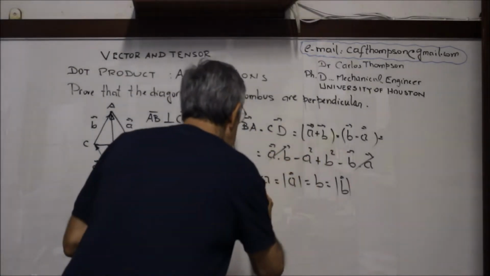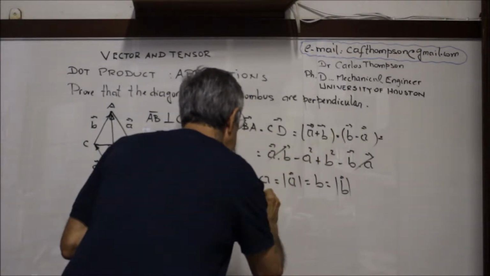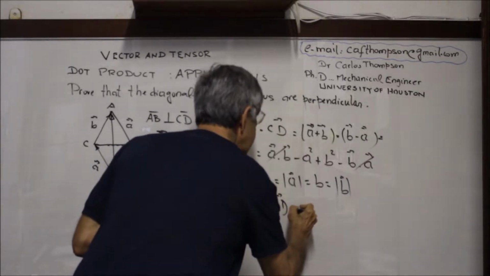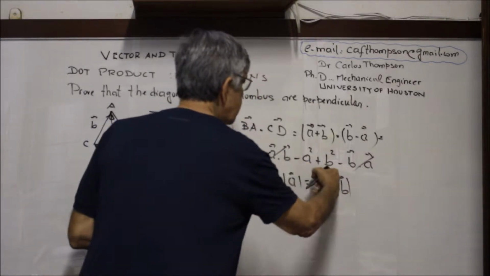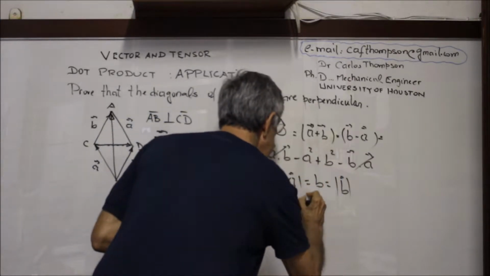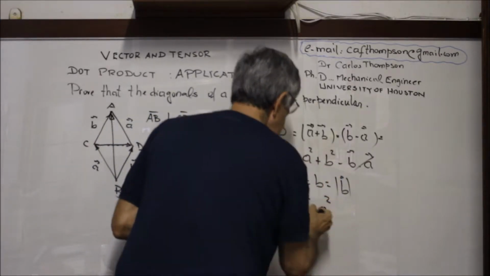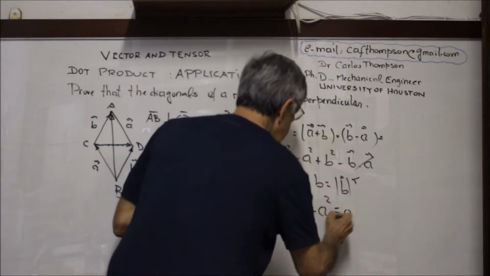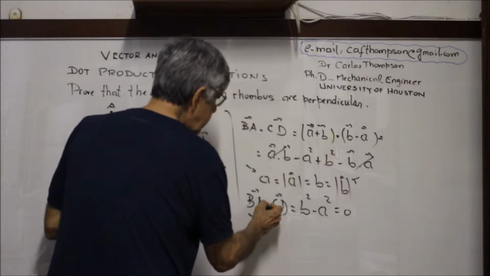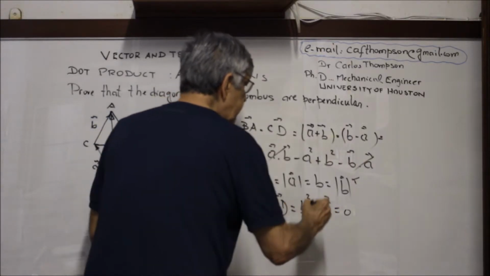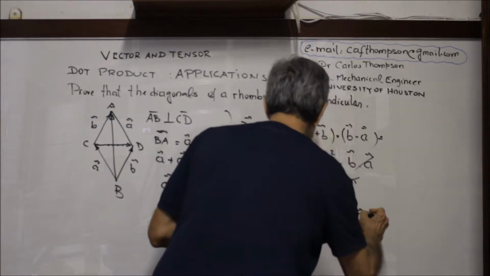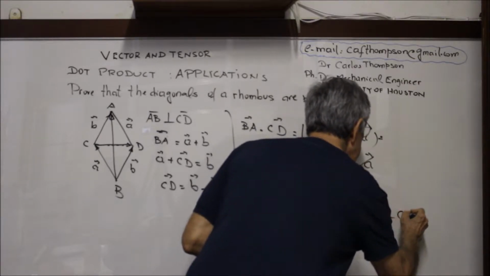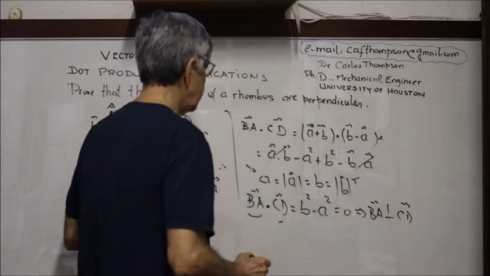So BA dot CD is equal to B squared minus A squared, which is equal to 0. So BA dot CD is equal to 0. This implies that BA is perpendicular to CD. Okay?